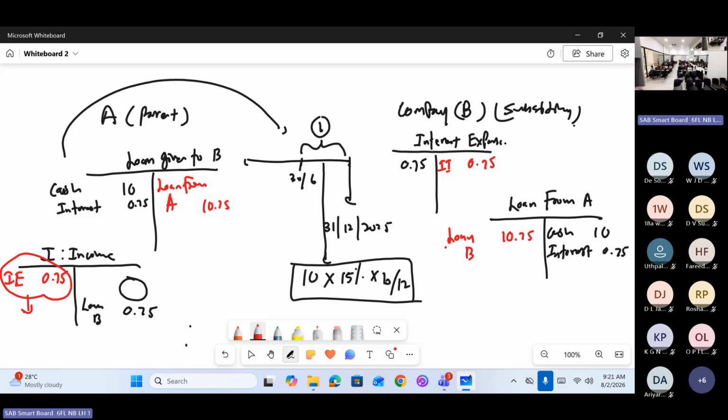Once we are assuming it as a single entity, why are we putting a debit and credit entry to income and expense? It is a zero impact. We can argue, but you should understand this debit entry will pass to consolidated earnings. The credit entry will be passed to subsidiary retained earnings.